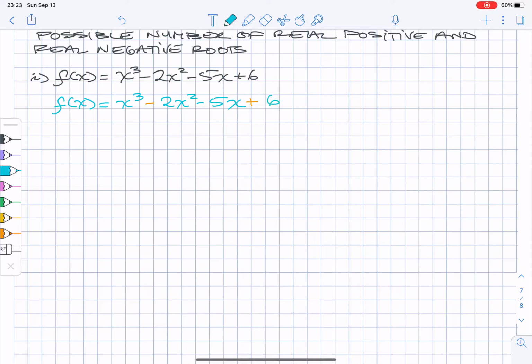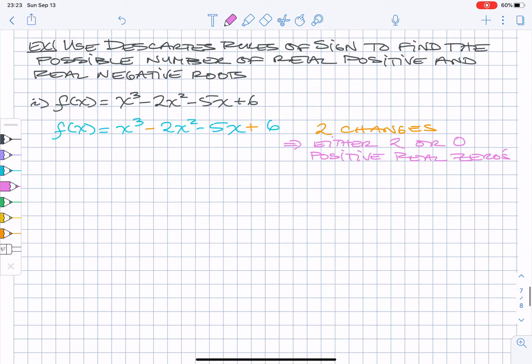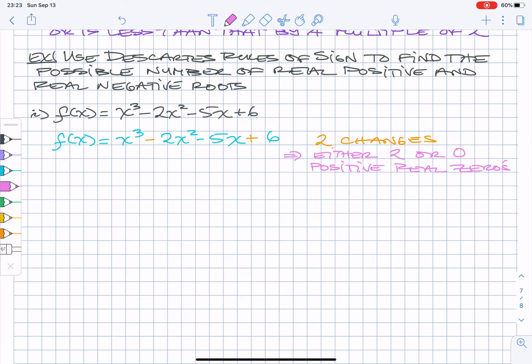So there's 2 changes. So that means either 2 or 0 positive real roots. So it's either the number of changes in sign or less than that by a multiple of 2.